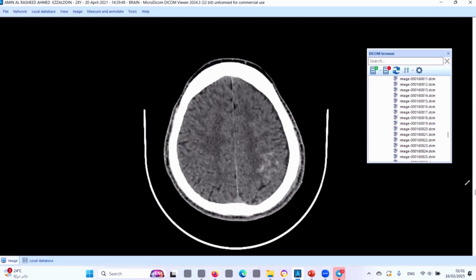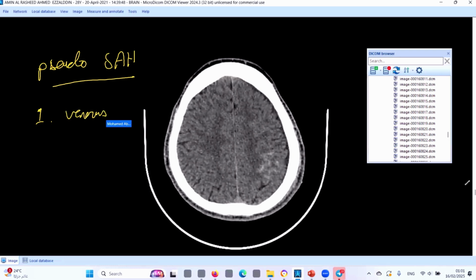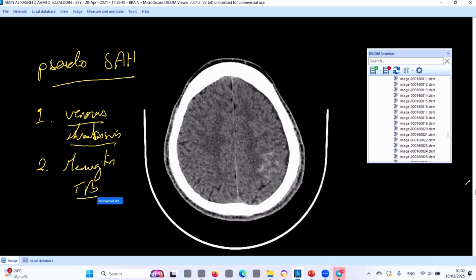The differential diagnosis for the subarachnoid hemorrhage is very important because we have a term called pseudo-subarachnoid hemorrhage. Pseudo-subarachnoid hemorrhage can be secondary to venous thrombosis. If we have cortical vein thrombosis, sometimes it looks like subarachnoid hemorrhage. Sometimes meningitis, such as TB meningitis.